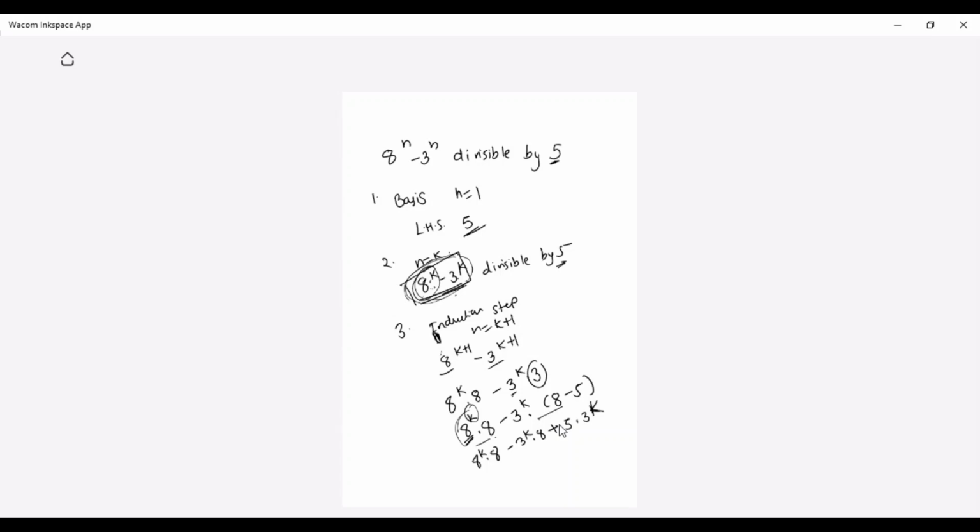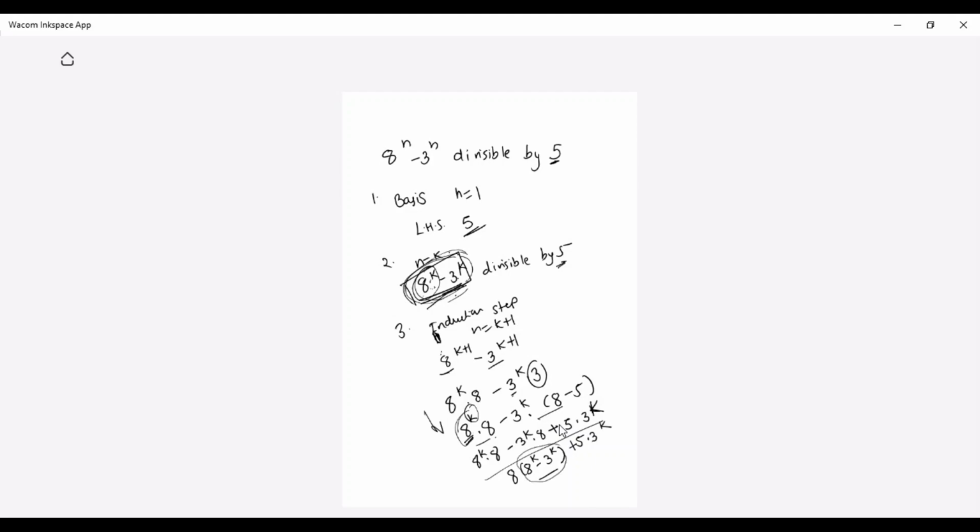What I have done is, I want 8 raised to K minus 3 raised to K, so I'm moving in that direction so that I'll be getting this term. So this expansion I have done so that easily I can have 8 common here. 8 raised to K minus 3 raised to K, the same term I'm getting here, plus 5 into 3 raised to K.